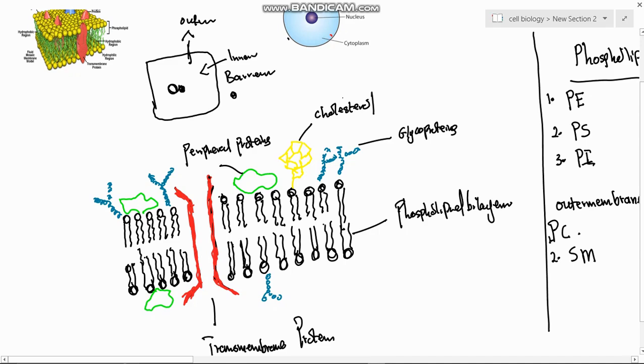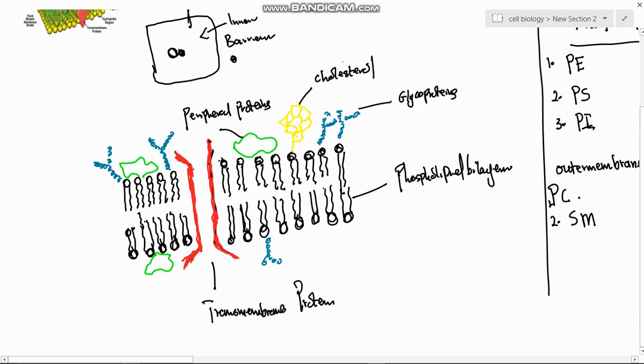And not only does it ensure transport, it's also involved in a myriad of functions such as signal transduction, cell communication, cell rigidity, etc. We are going to dive deeper into the various functions of the plasma membrane and the various parts as well.